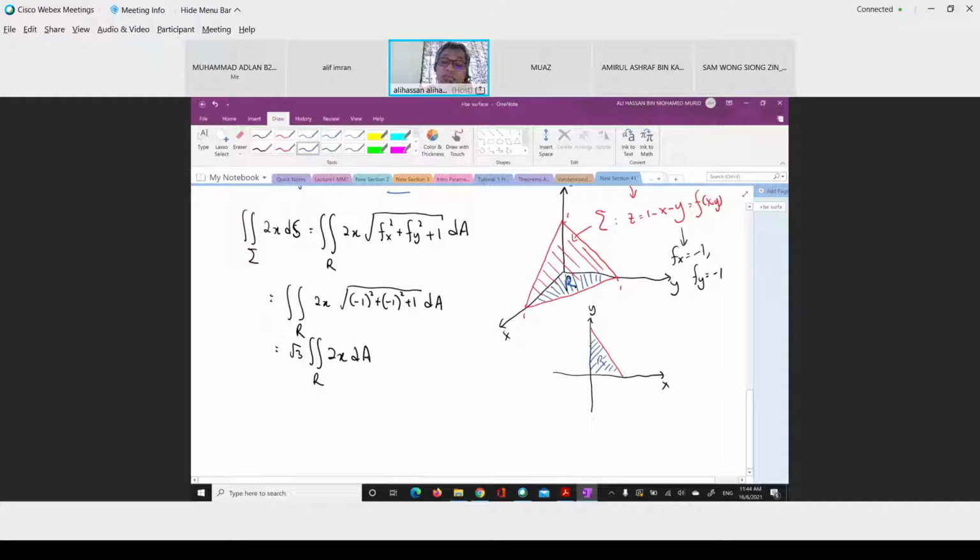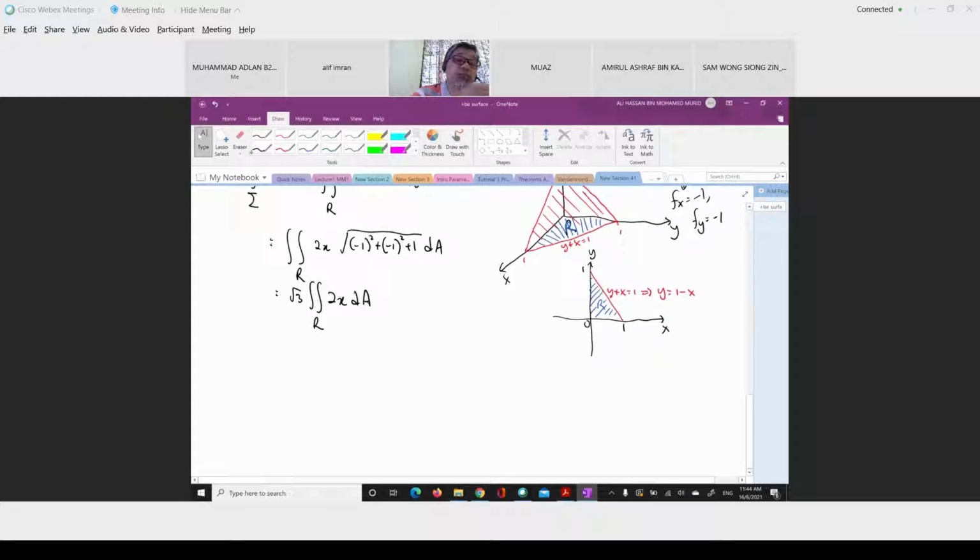And this line is y plus x equal to 1, which means y equal to 1 minus x. So here x is from 0 to 1. So we know from this diagram that R consists of all points (x, y) such that x is between 0 and 1, and y is from 0 up to 1 minus x.